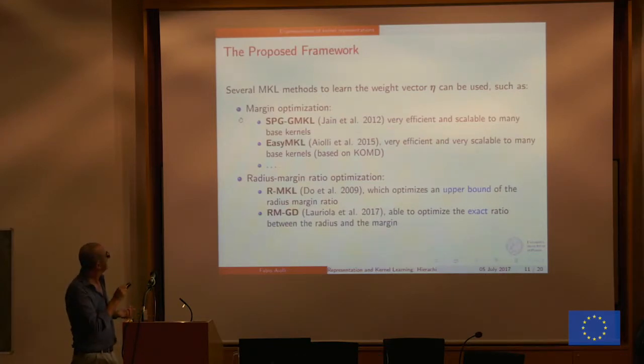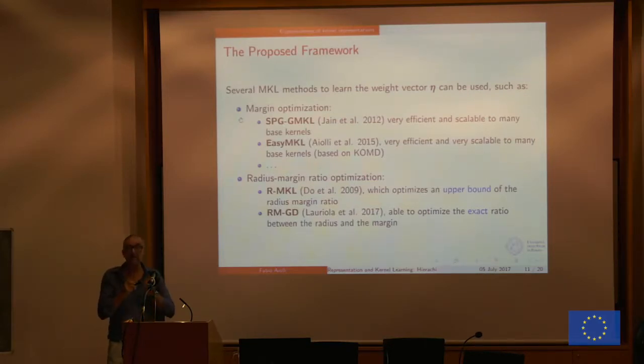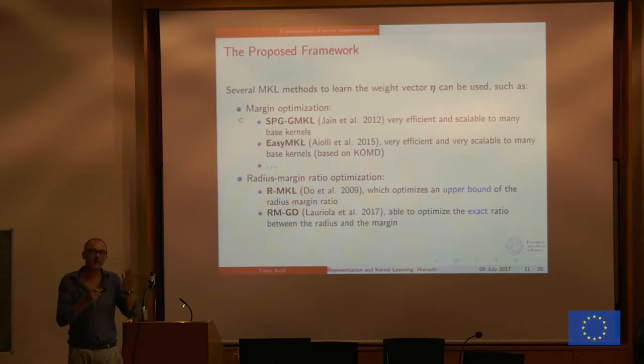In the other case, you optimize together the margin and the radius, the diameter of the minimum enclosing ball, so by optimizing directly the ratio. There are two main approaches. One is Du et al., who are the authors of this work, which optimizes an upper bound of the radius-margin ratio.